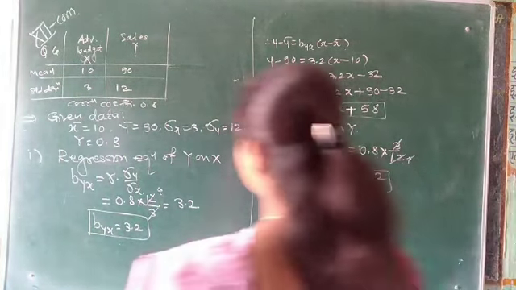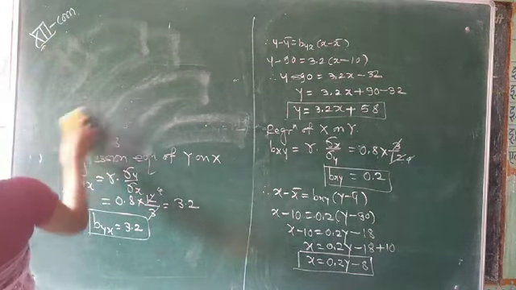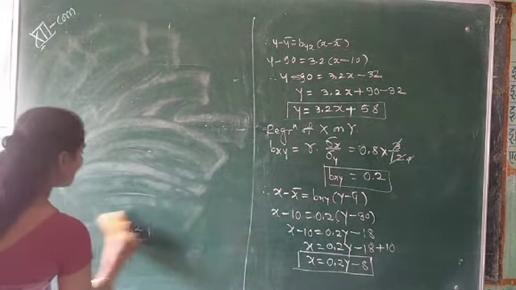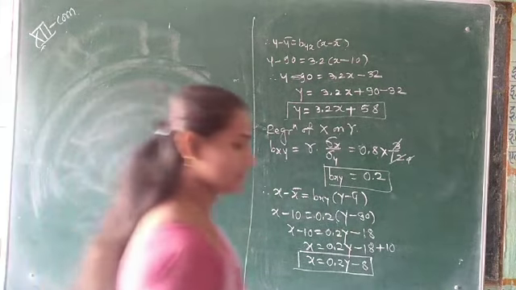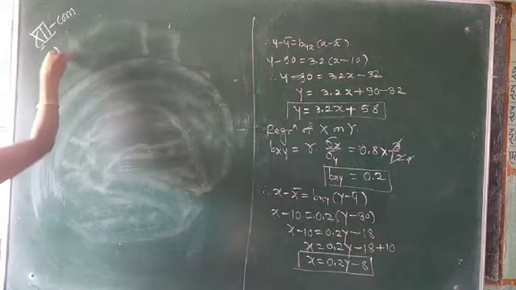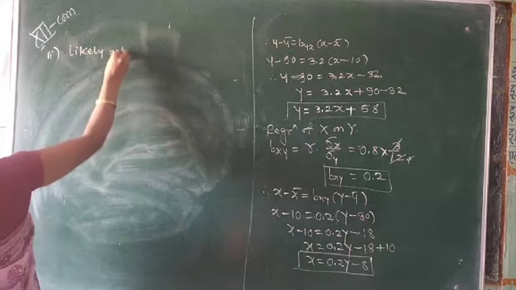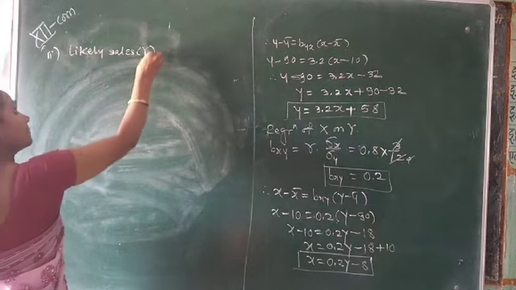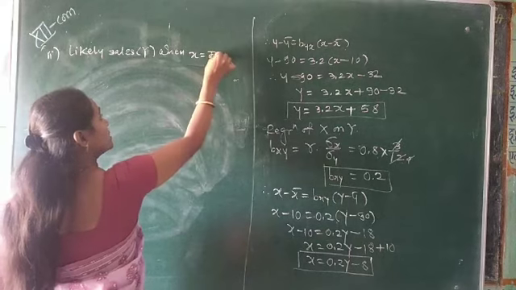So, question second: likely sales y when advertising budget x is equal to rupees 15 lakh.